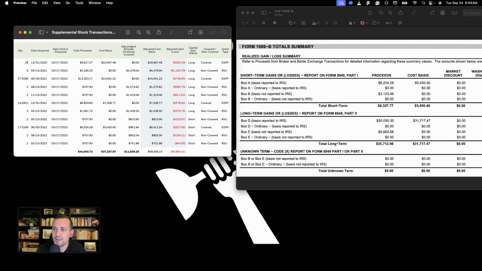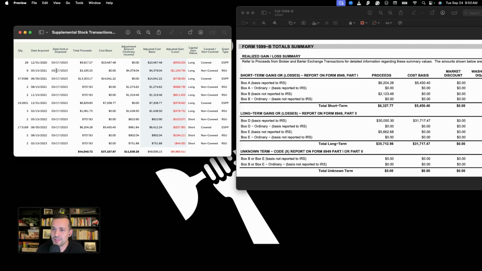So as you can see, let's call our attention to the cost basis column and then the adjusted cost basis column. If you look down here at row number 2, the cost basis that was reported, or technically this basis wasn't even reported, and therefore by not being reported, it's reported as 0.